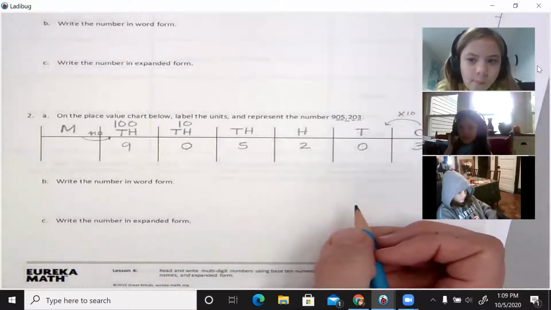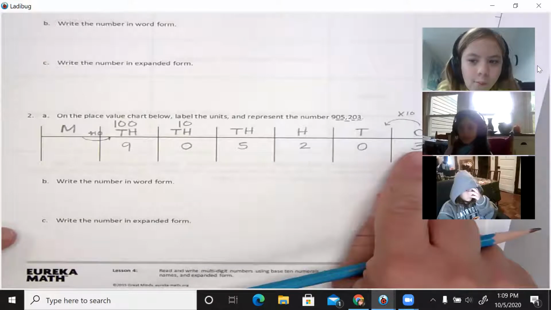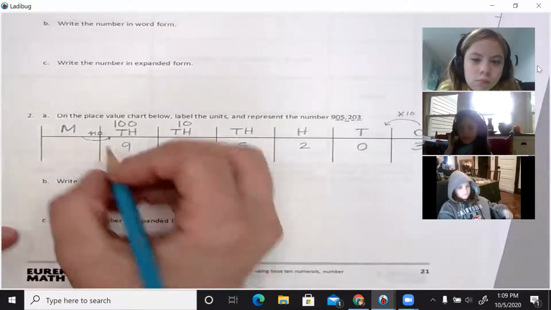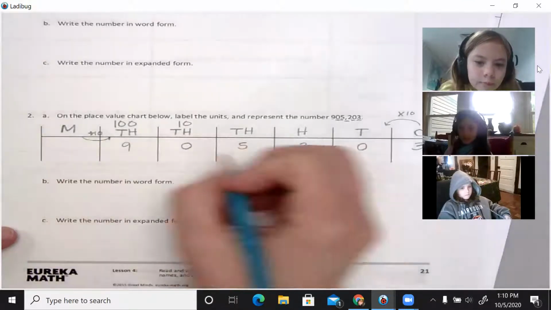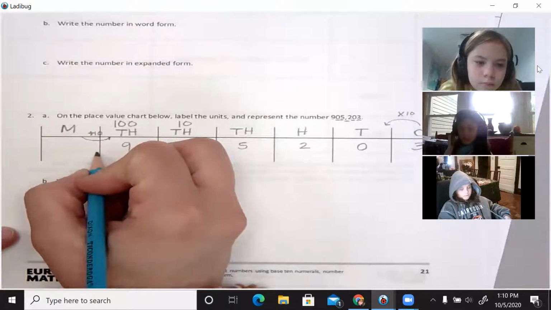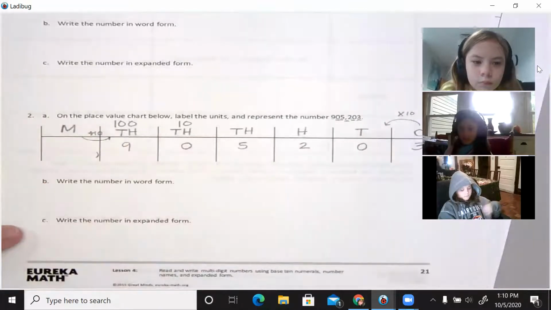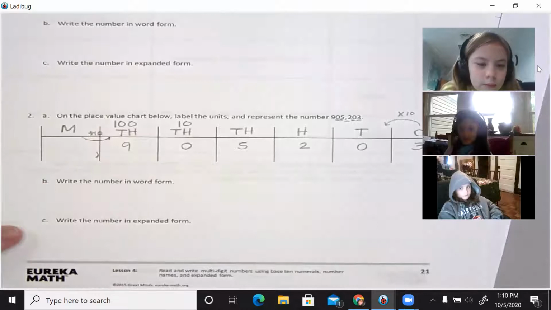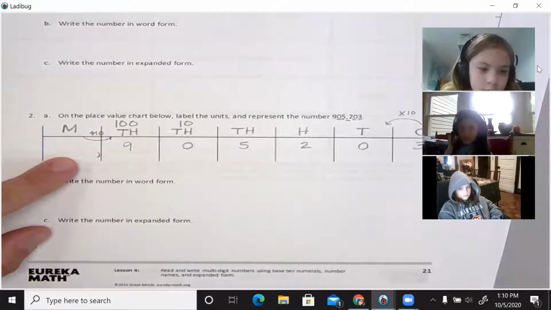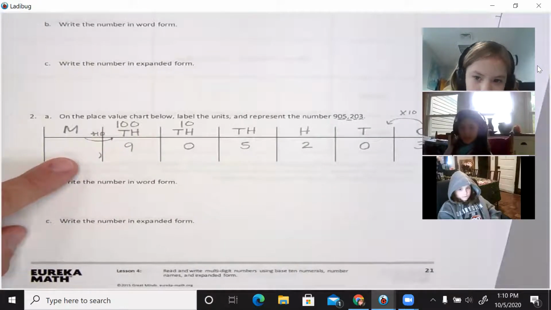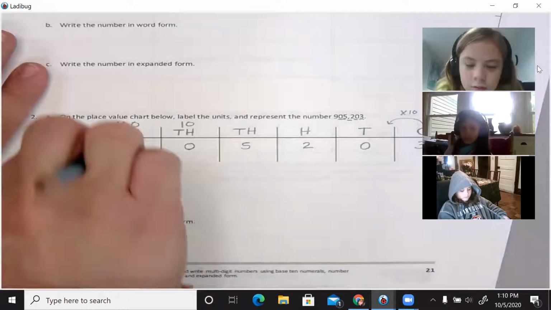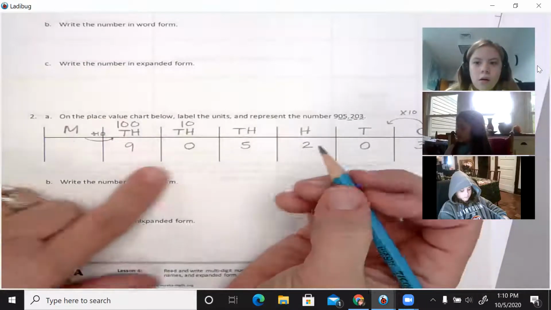After every 3 digits. After the millions, after the thousands, and those are the 2 commas when you have a max of 1 million. So Peyton, should I put a comma here, even though I don't have any millions? No, you shouldn't. We don't need one here because we don't have any millions, but you are correct.